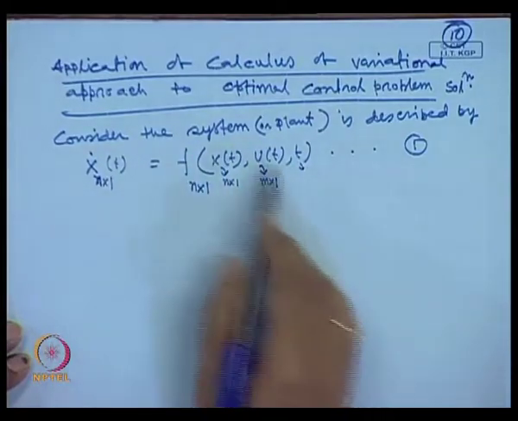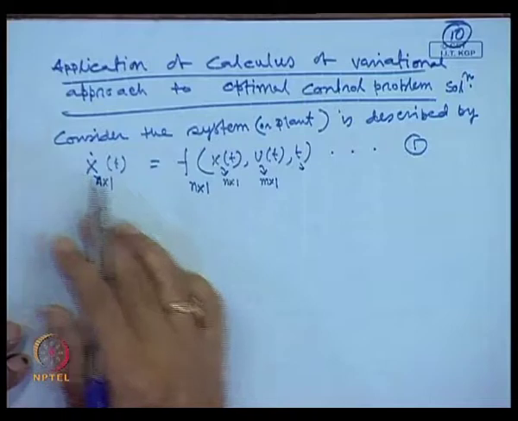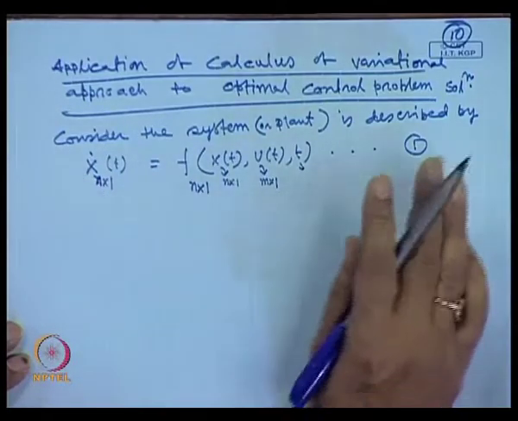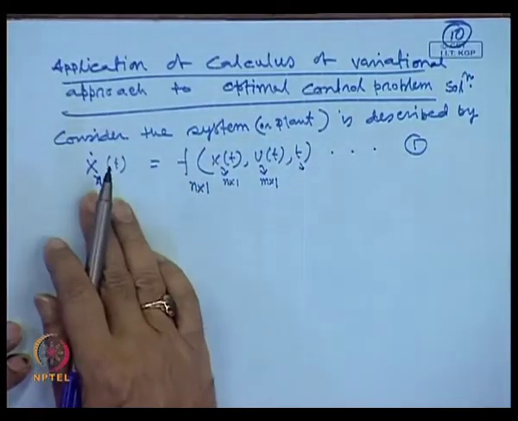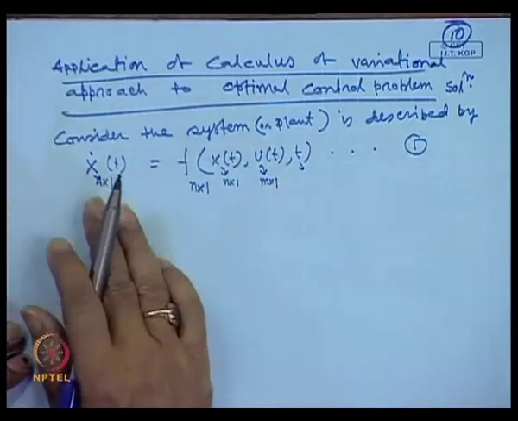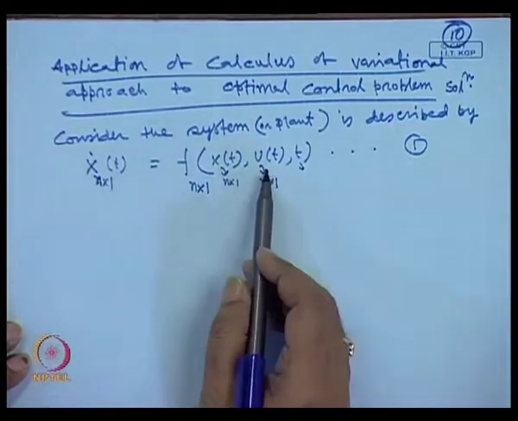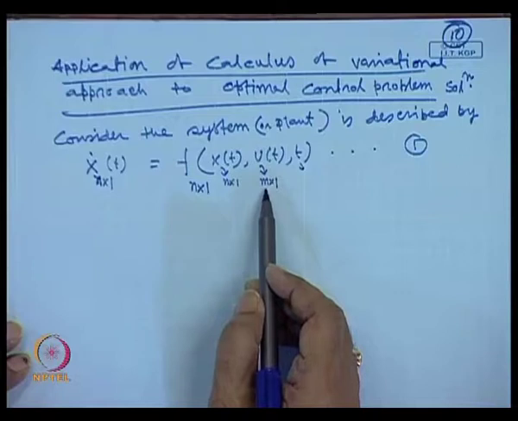So, this is a description of our dynamic system in terms of variables. How many variables are there? N variables. How many inputs are there? M inputs.